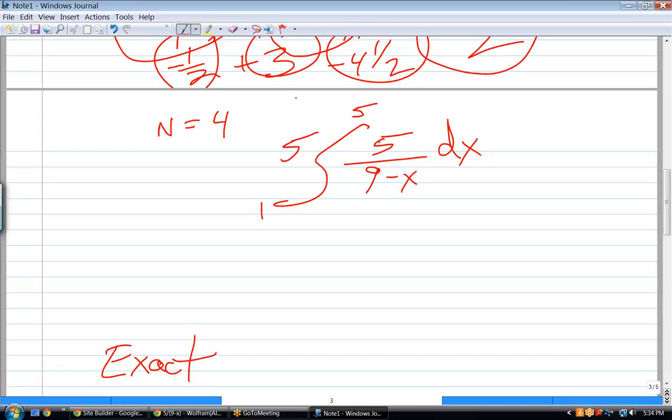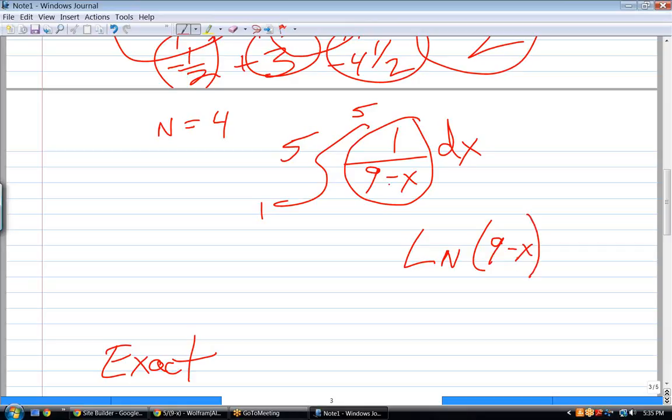Let's remove the 5. Notice I can't take out the 9 yet. What's the integral of that? Natural log of something. We need whatever's in the denominator, but now you have to divide that by the derivative of the bottom.